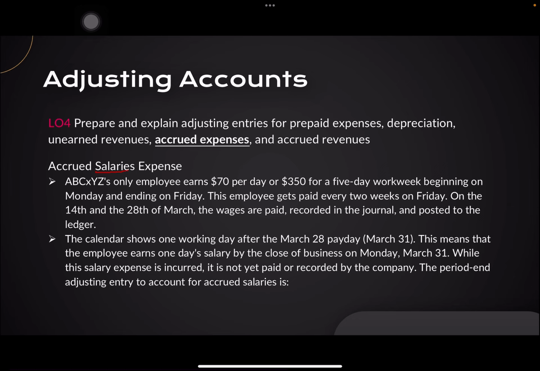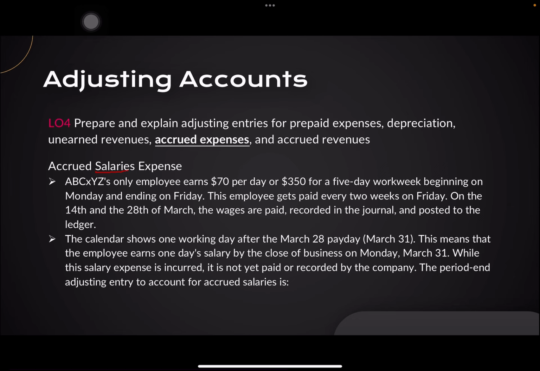Let's say, for example, the payroll policy is that we will pay our employees every 15th and 30th of the month. On the first payroll on the 15th of the month, we will pay our employees for the service that they provided to us from the first day of the month up until the 15th day of the month.